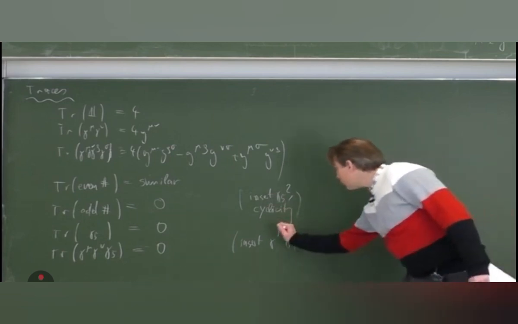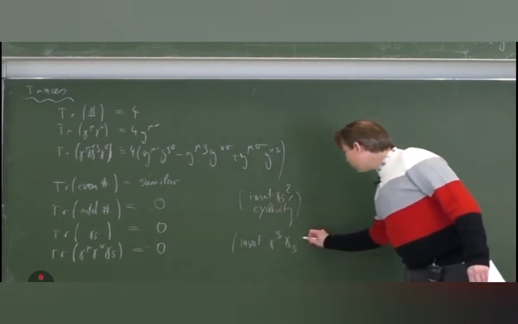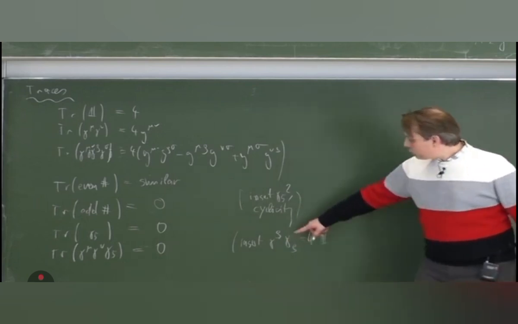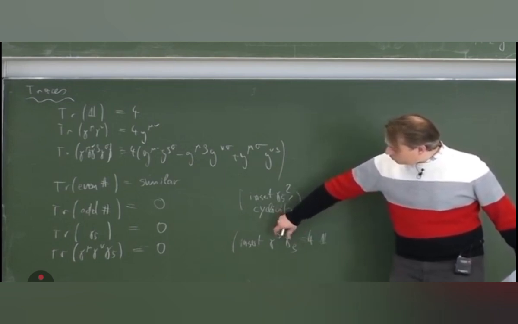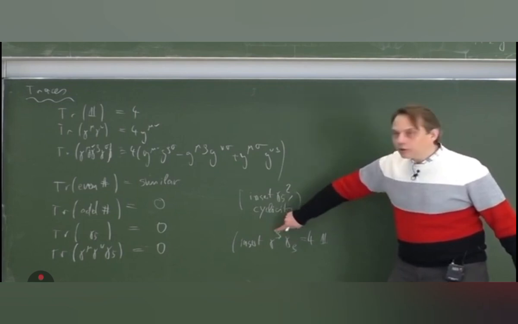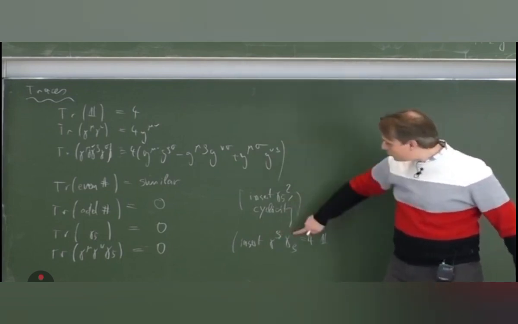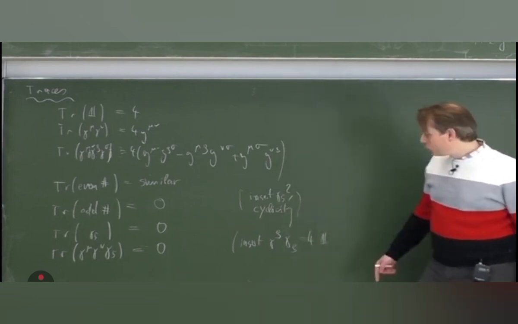Let's call it gamma rho, which is 4 times the unit matrix, because the order doesn't matter, therefore you can replace this by the anti-commutator, but the anti-commutator is the metric tensor, so you get a metric tensor G rho, which is 4 times the unit matrix.